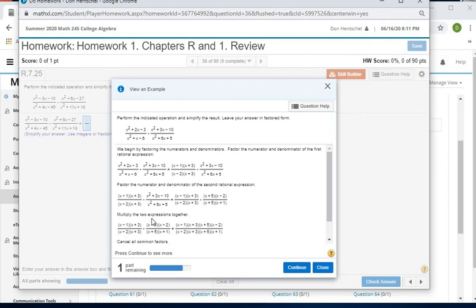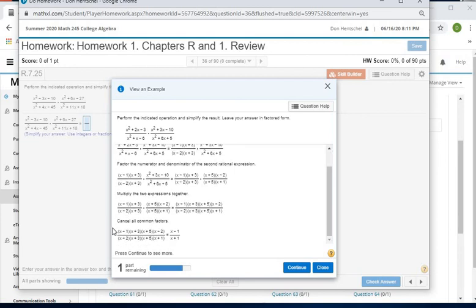And this is interesting, it does say cancel all the common factors. The word cancel is kind of frowned upon in mathematics in some cases. So sometimes they'll say another word like divide the common factors, but they cancel the factors.